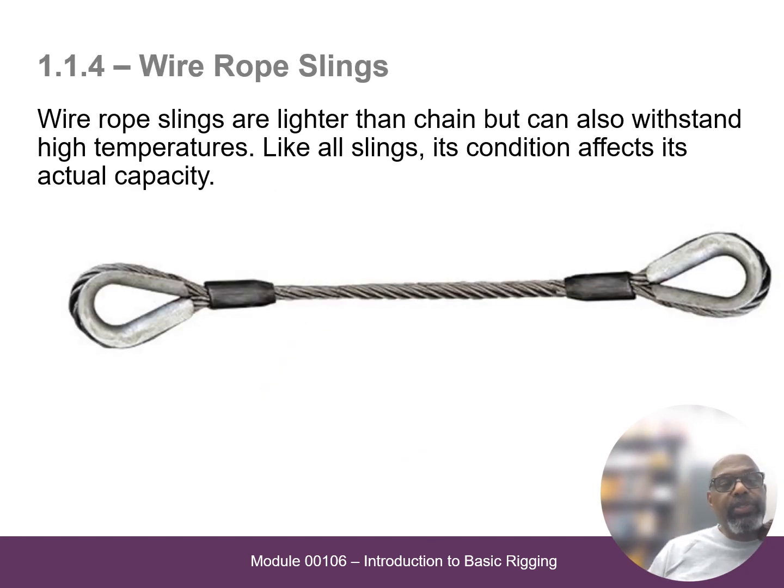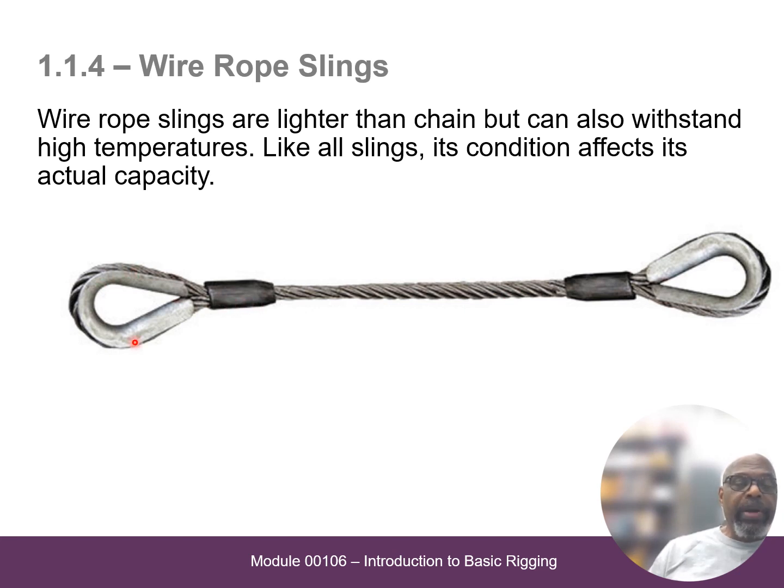Here's a wire rope sling, and it has what do you call this? A thimble. To join the cables together in that loop, they swage the cables together. They use this part here, and they actually fasten it. It's made out of some type of metal like lead or something, and it compresses and locks it in place.